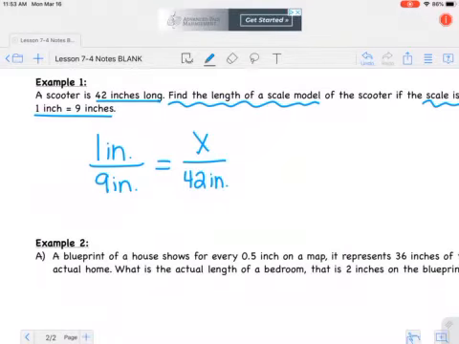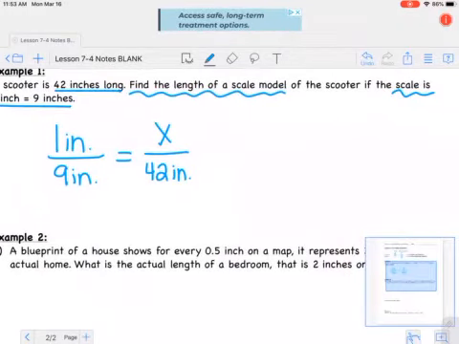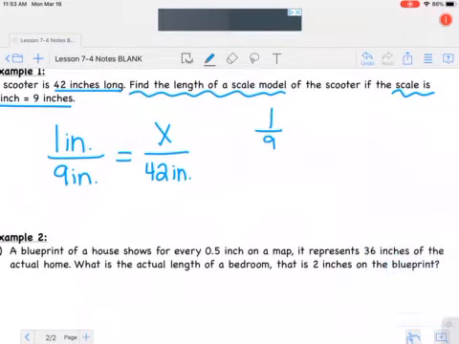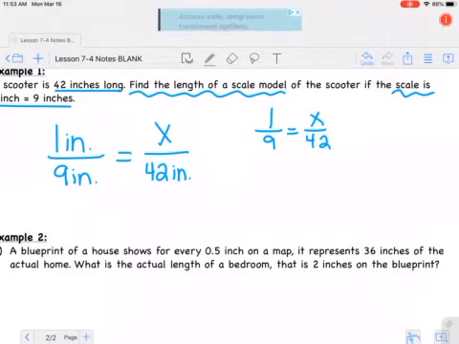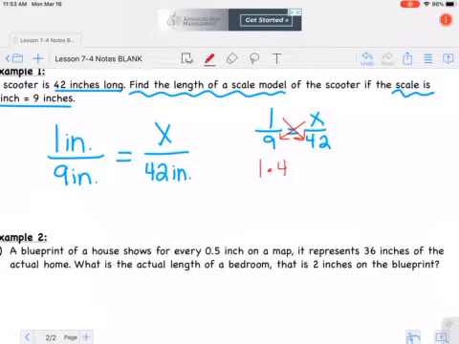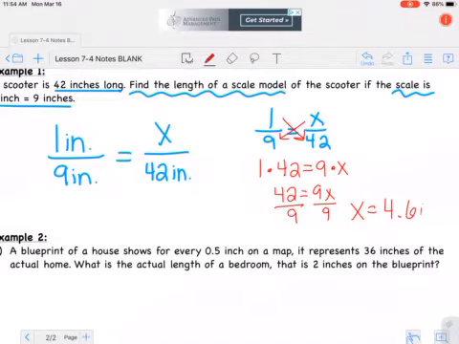Okay, so then we're going to do exactly what we did in the last problem. We are going to rewrite it and cross multiply to solve. So we have 1 times 42 is equal to 9 times x. So this is going to be 42 is equal to 9x. We're going to go ahead and divide by 9, and my x is going to equal 4.6 inches.